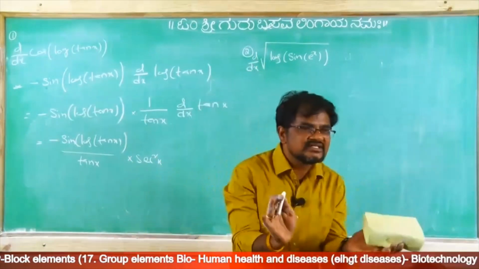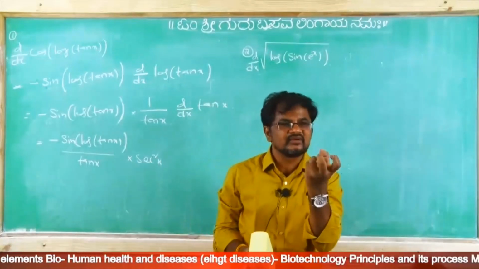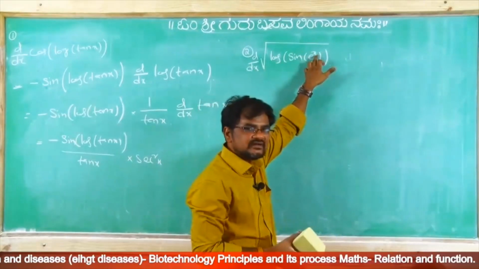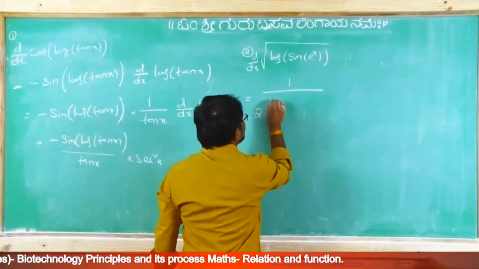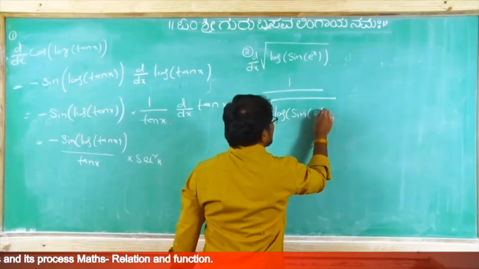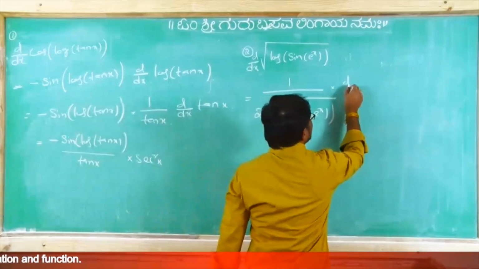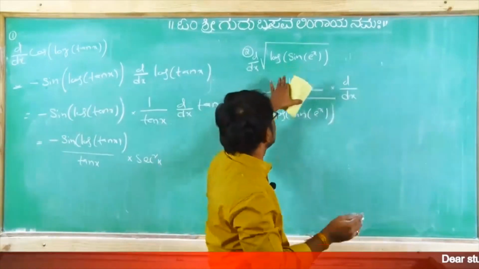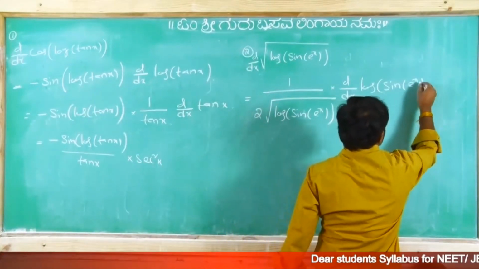And now first d by dx of this one. Which function do we have to consider? Root x. This total under root value I am taking as a single variable, x. Now that is equal to 1 by 2 root of log of sine of e power x. Next, again we have to do differentiation for what you taken as x, log of sine of e power x.